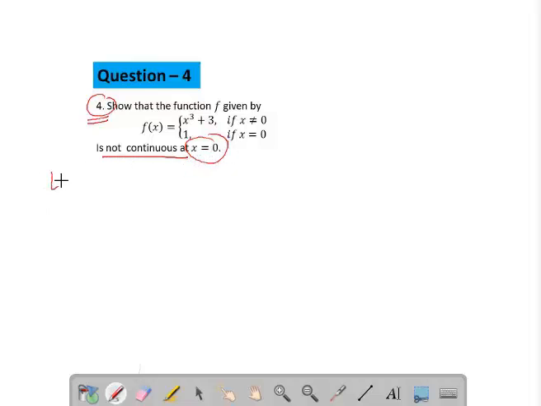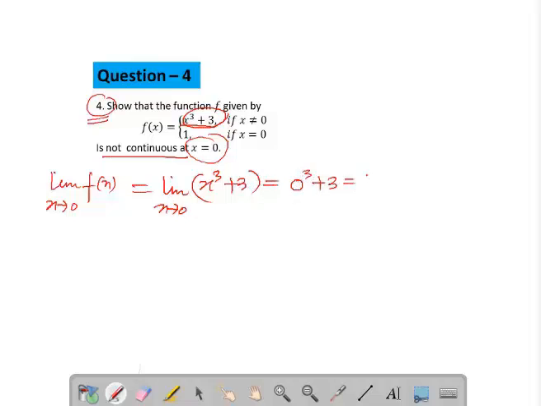Now first, the limit of f of x when x is approaching towards 0. When x is approaching towards 0 means not 0 but very close to 0. So f of x will take this function, right? So limit as x approaches 0, f of x will be x cubed plus 3. Now when x is approaching 0, it becomes 0 cubed plus 3 which is equal to 3, right? So the limit is 3.